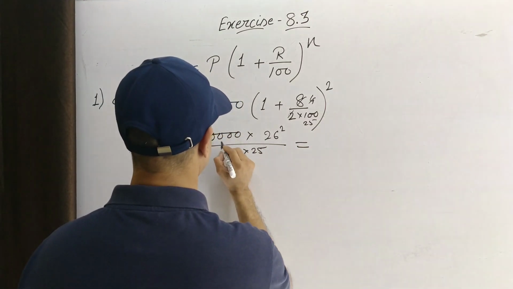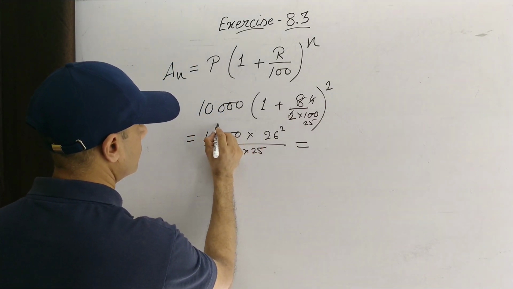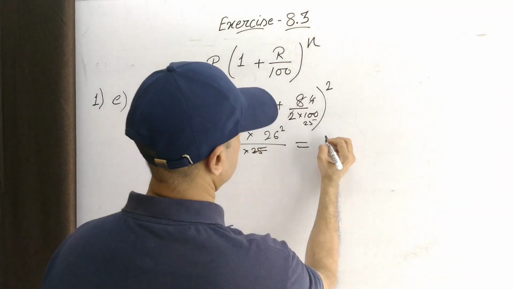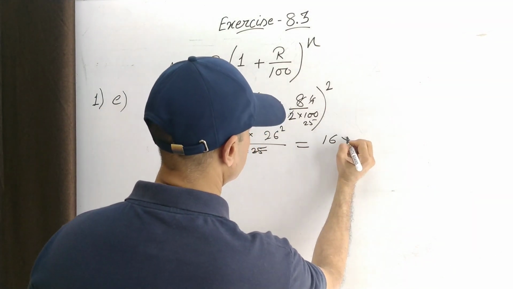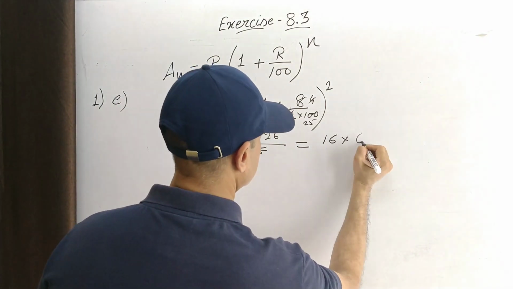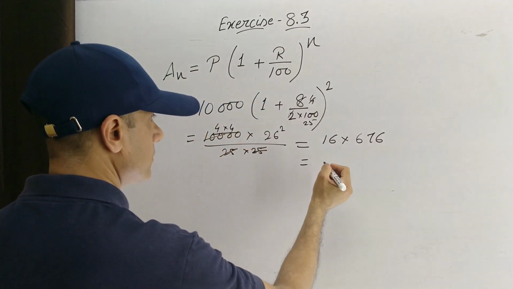So this 25, this is 4, and this 100, this takes, and this is 4. So we have got 16 into 26 square, that is 676, and this is equal to 16.